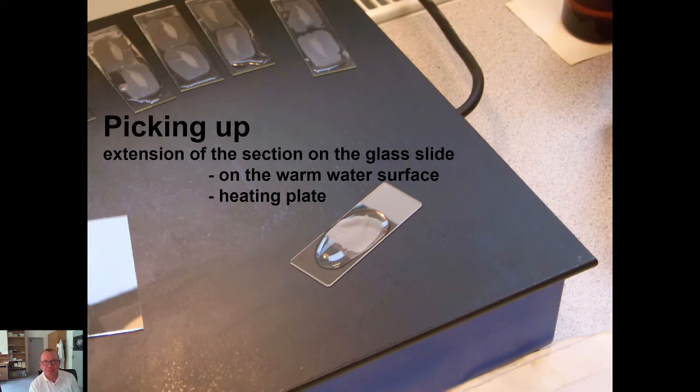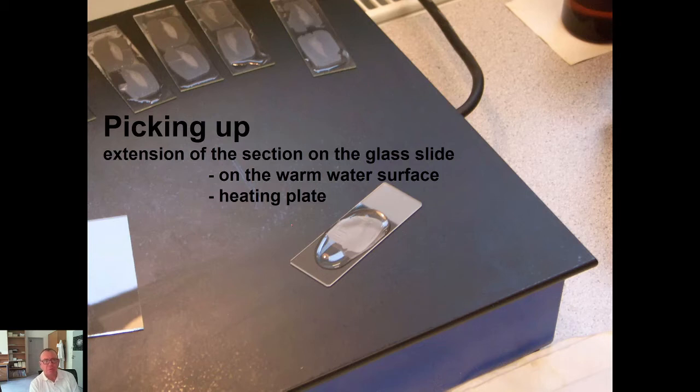The thickness of this section is usually 3 to 5 micrometers. Light microscopy can use micrometric thickness of the specimen, so 3 to 5 micrometers is good. Sometimes some tissues which are difficult to section need to be sectioned thicker, 10 micrometers maybe, but never more.